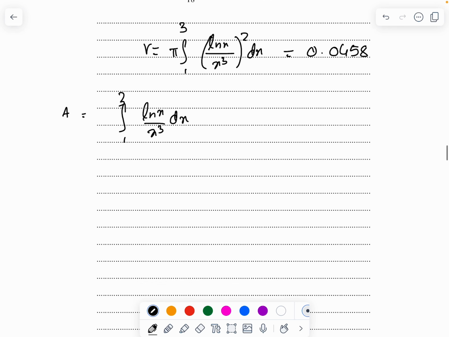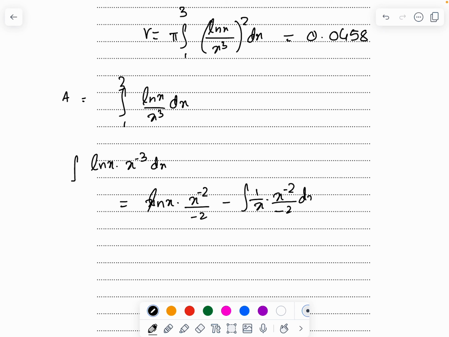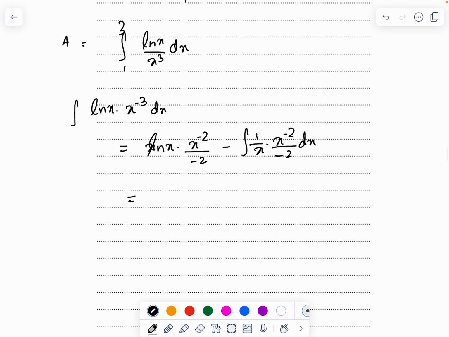If you use the calculator, you may not get the exact area, so we have to do integration by parts. So first I do integral of ln x times x power minus 3 dx. So what does it become? First function times integral of second function, minus integral of derivative of first times integral of second function dx. So what does that become?